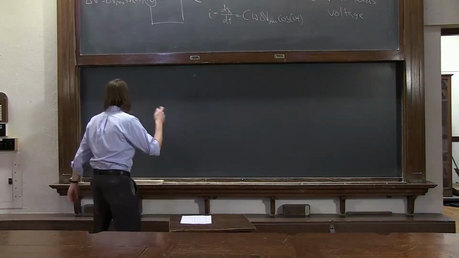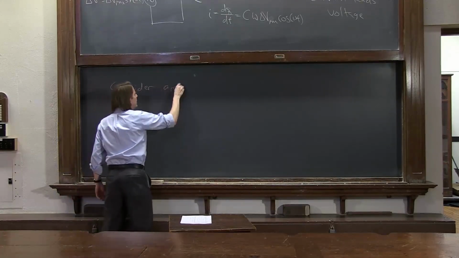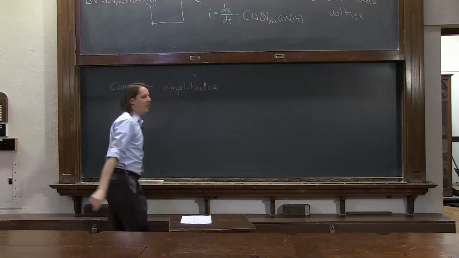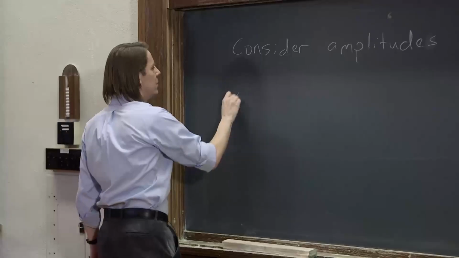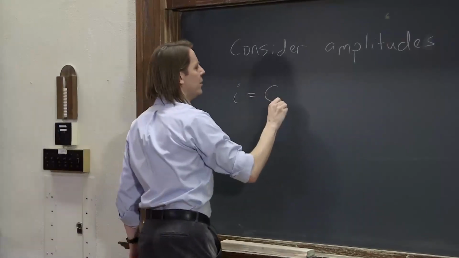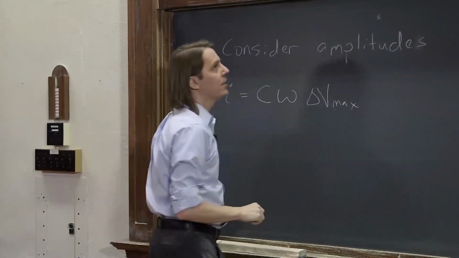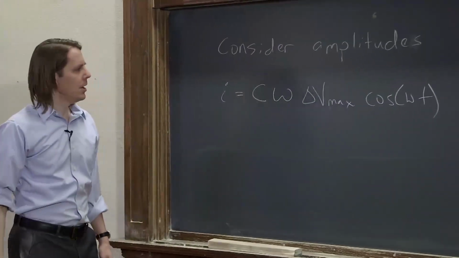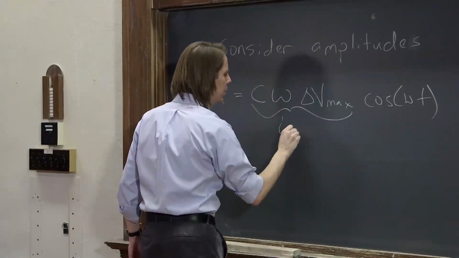Now let's remember that in AC circuits we can get pretty far by just considering the amplitudes. So for the AC-driven capacitor that we just dealt with, we found that it had a current as a function of time that basically looked like the capacitance times omega times delta V max times cosine omega t. But if we just wanted to think about the amplitude of the current, it would be this.